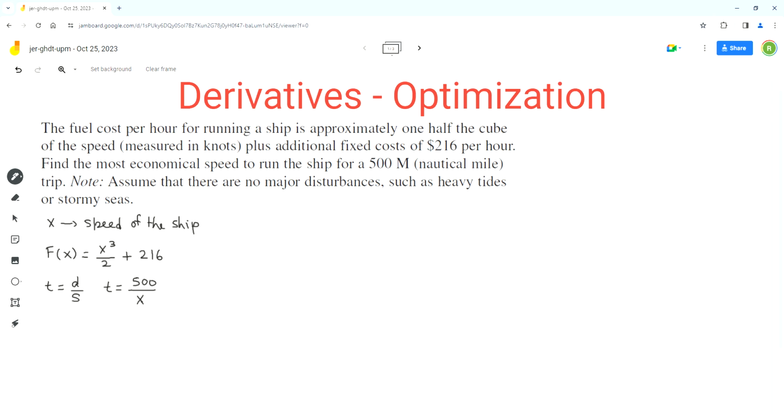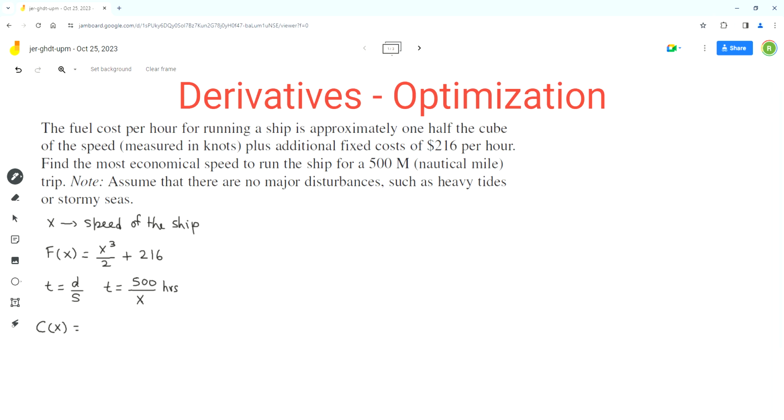Now the fuel cost function that we calculated is per hour, and if it takes the ship 500 over x hours, so the unit of time is hours, then the total fuel cost for the entire trip will be, let's assume it's function c of x.